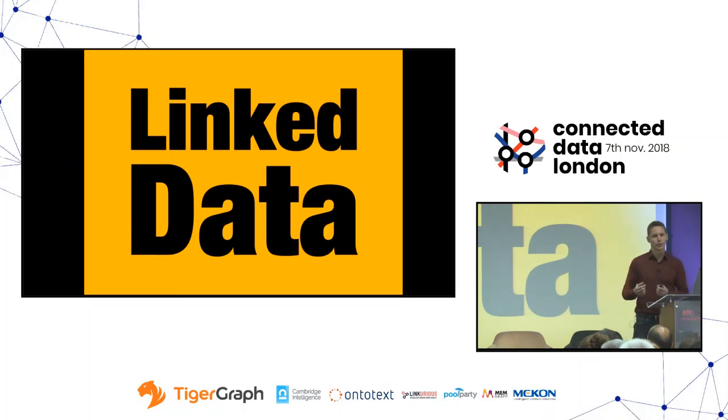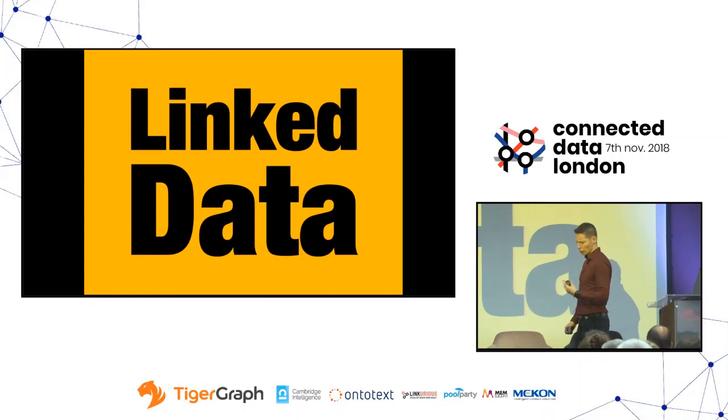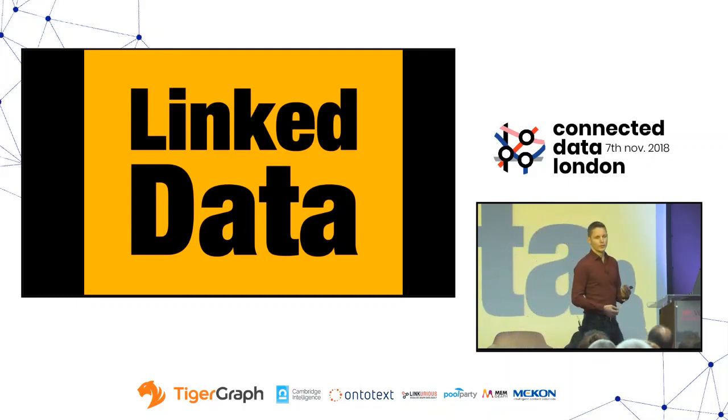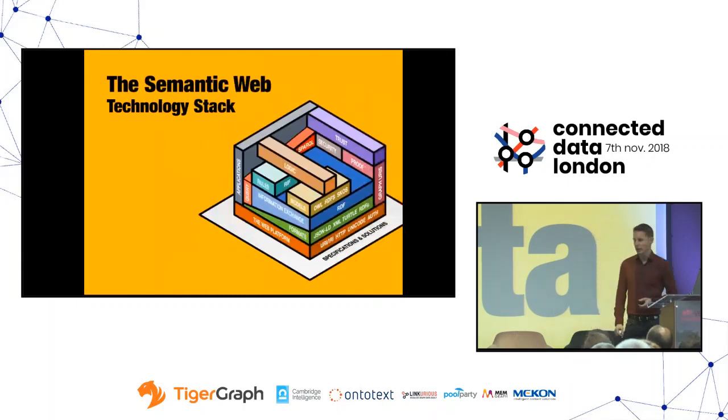And then as soon as the data is out there, you can start processing it and making it more useful. Normally the way to make data more useful is to integrate it with other data sources. And that's the links in linked data. That's exactly what made the web successful in the first place. It's those links between documents. Because normally integrated data is much, much more valuable than siloed data.